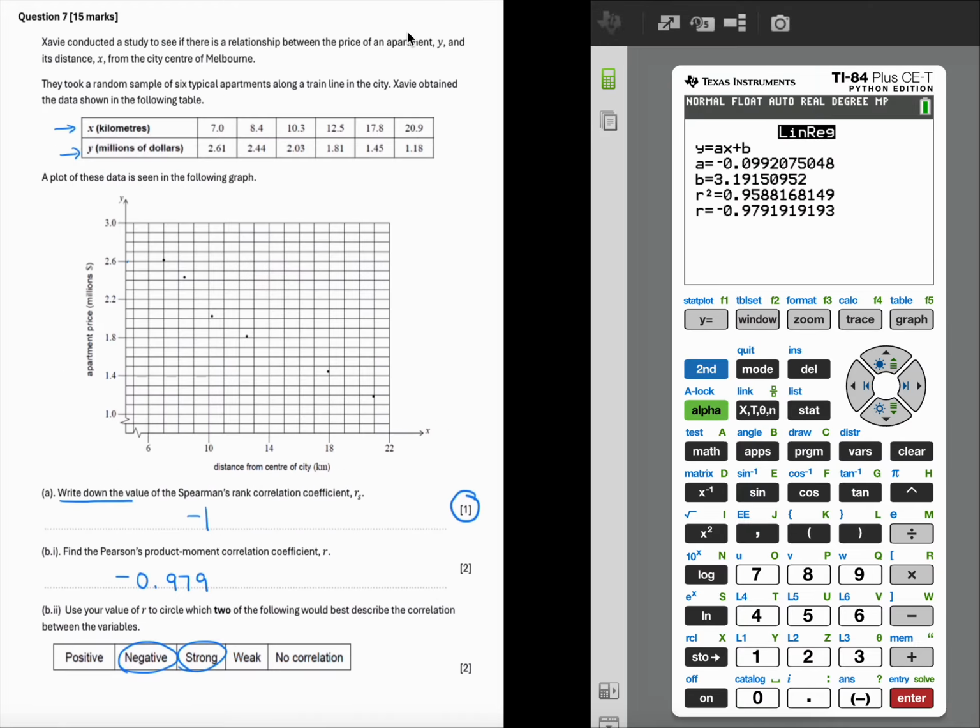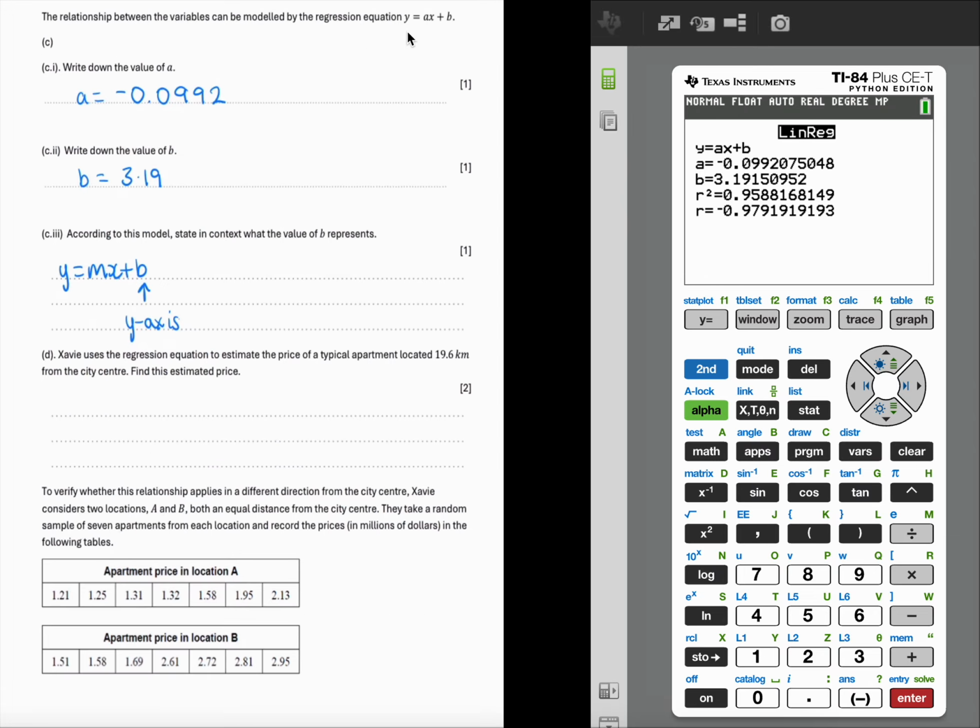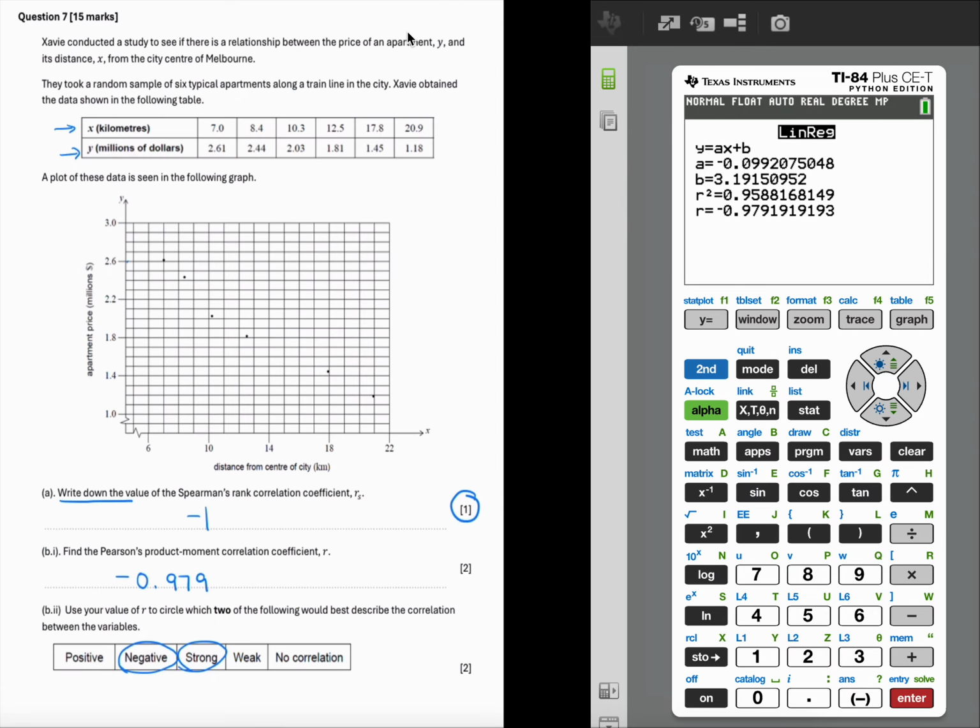If I go back to my scatter graph, where it crosses the y-axis, somewhere up here, it's 3.19, so it's actually above there. It is telling us where the distance from the city centre is equal to 0. This would be 0 on the x-axis.